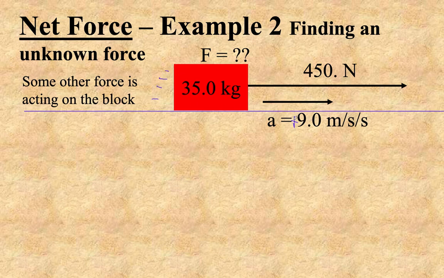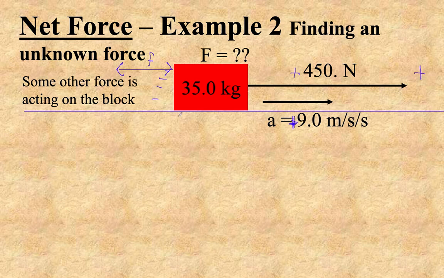It's accelerating to the right at 9 meters per second squared, so that's a positive acceleration. This force is to the right, so we make that positive, and then there's some unknown force acting on it. I'll draw this unknown force in like this, because I don't really know which way it is. But what you do with forces is you guess that they're positive.